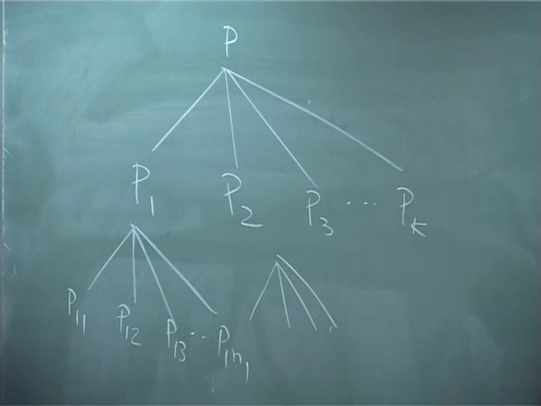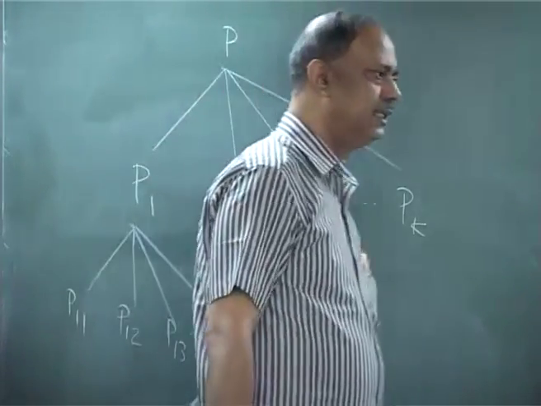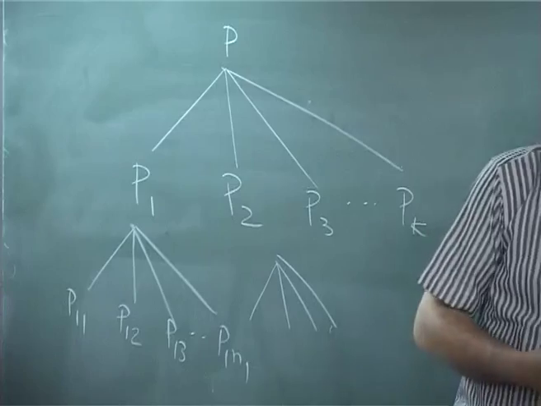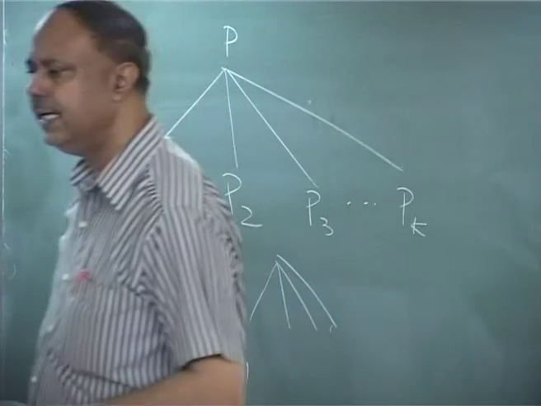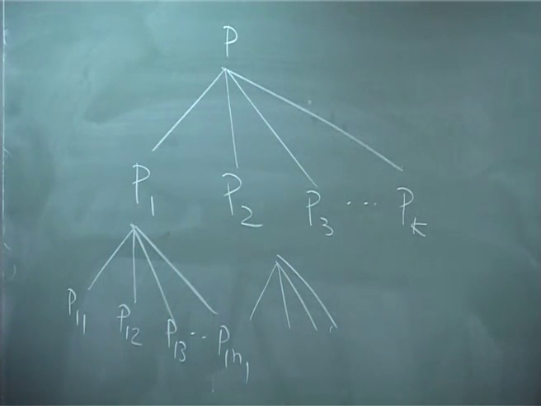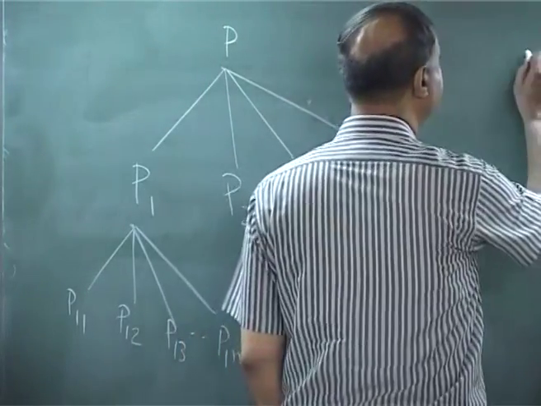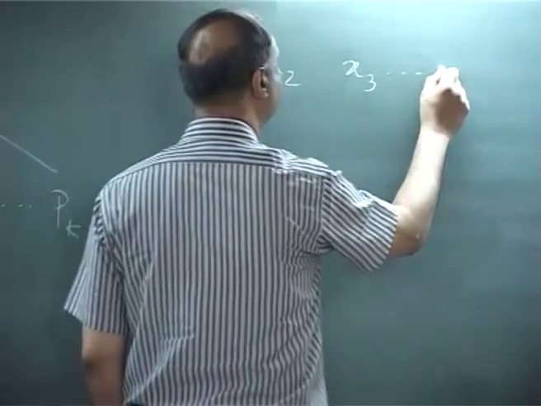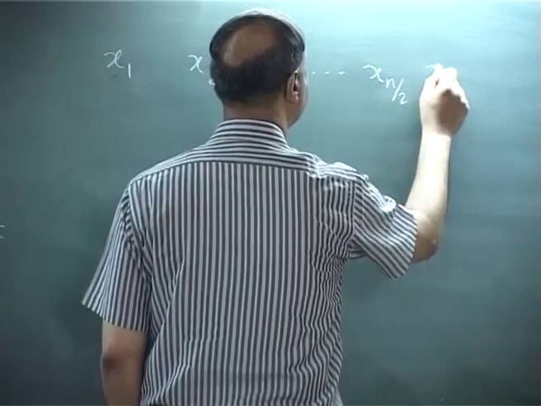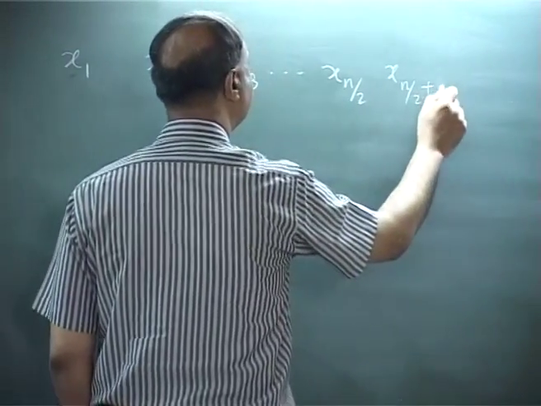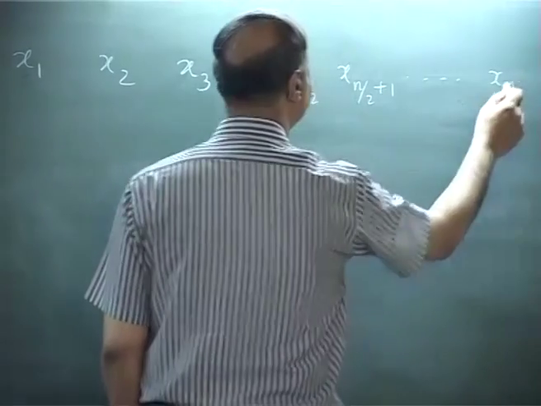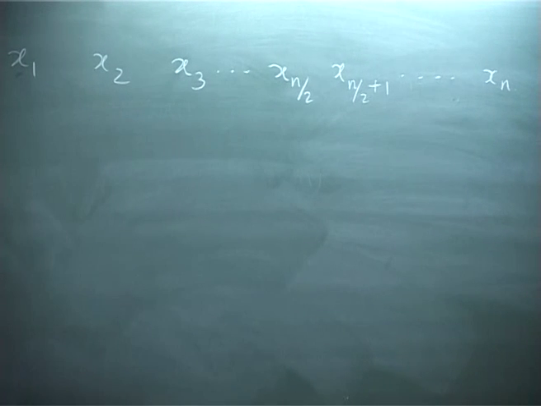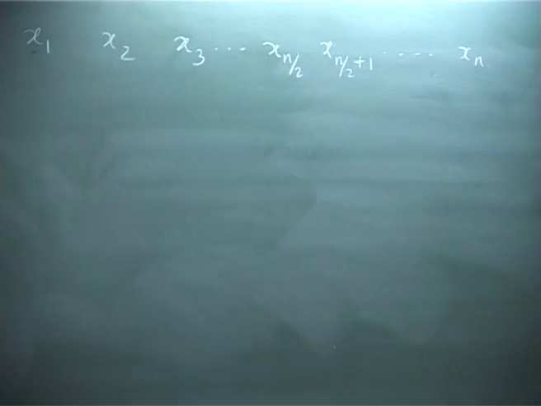Say, for example, we want to find the sum of n numbers. By observation, you can tell that finding the sum of n numbers is a sequential process. Now look at the problem: I have n elements, x1, x2, up to xn, and I want to find their sum.